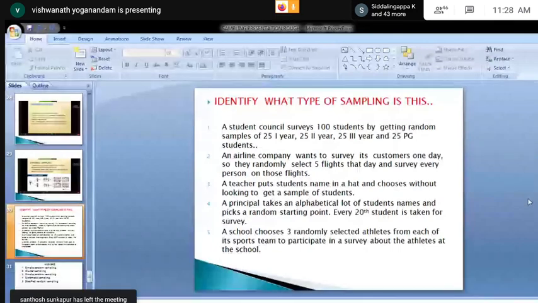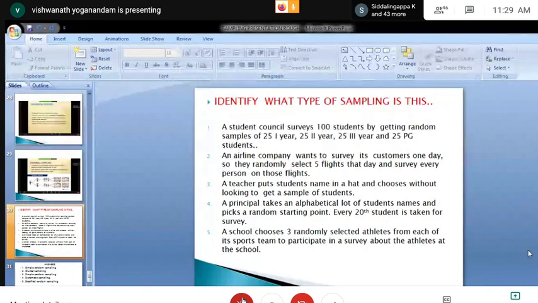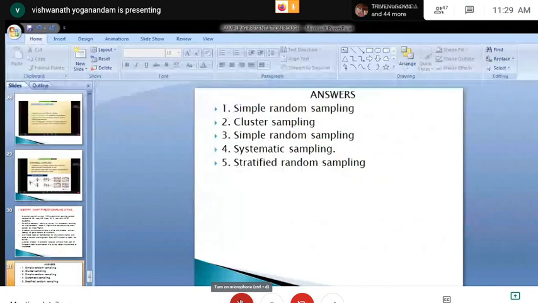And if a school chooses 3 randomly selected athletes from each of its sports teams to participate in a survey about the athletes at the school, it is stratified random sampling.